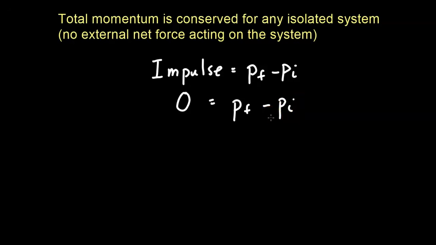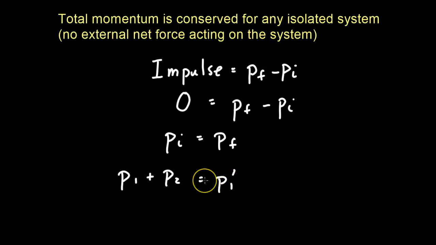And the change in momentum is equal to zero. I can move my initial momentum to the left, which tells me that the initial momentum of the system equals the final momentum of the system. If there is more than one object, then we can say that P1 plus P2, the momentum of object 1 plus the momentum of object 2, is equal to the momentum of object 1 prime, after maybe a collision or sometime later, plus the momentum of P2 prime.